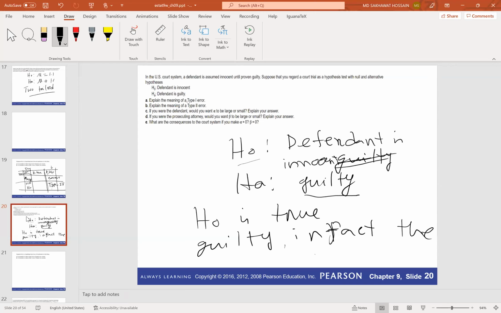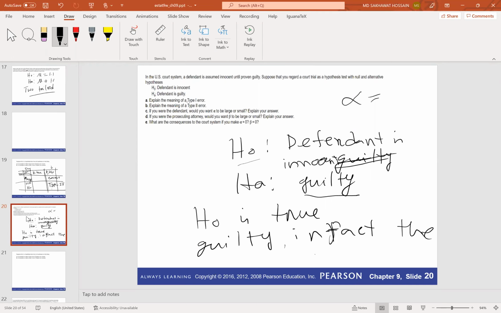In fact, the defendant is actually guilty. Yeah, this is also serious, but the type 1 error is more serious because innocent people will be accused as guilty. So in this case, we have to consider a very small alpha, because if we consider a large alpha, then based on our decision, an innocent person can be accused as guilty.